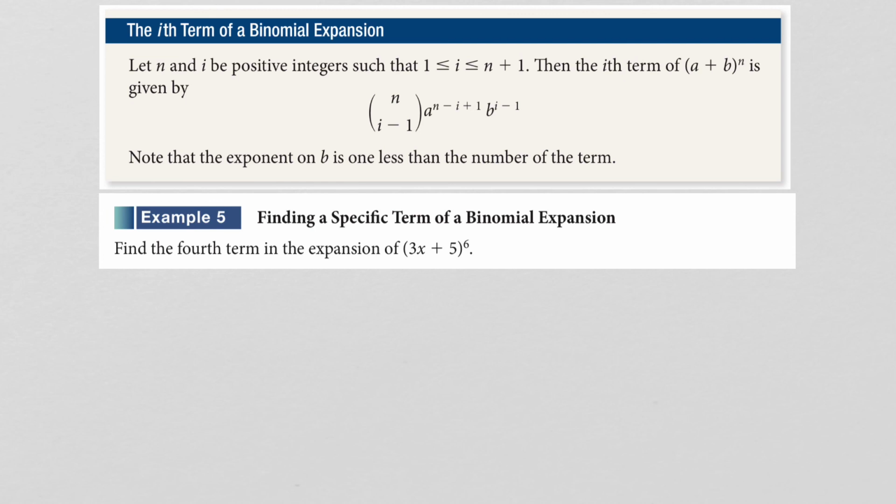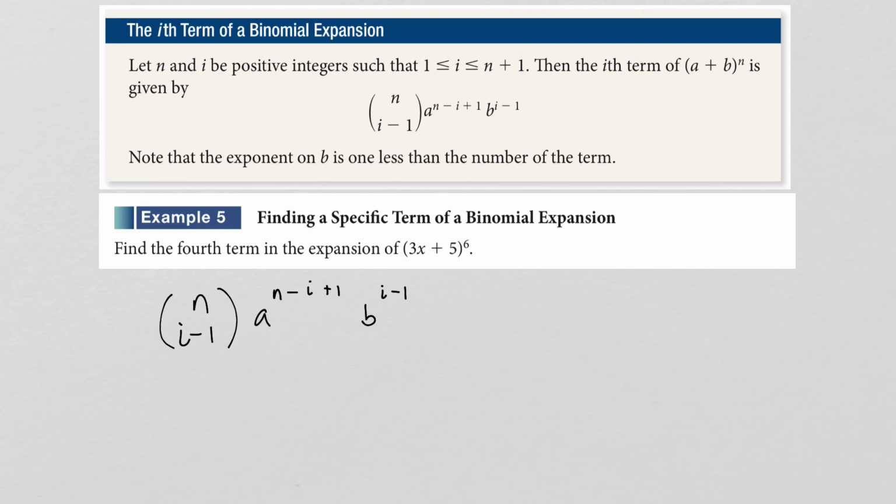Suppose we want to find the 4th term of 3x plus 5 to the 6th power. So the formula says you are supposed to take n choose i minus 1 times a to the n minus i plus 1, and then b to the i minus 1.